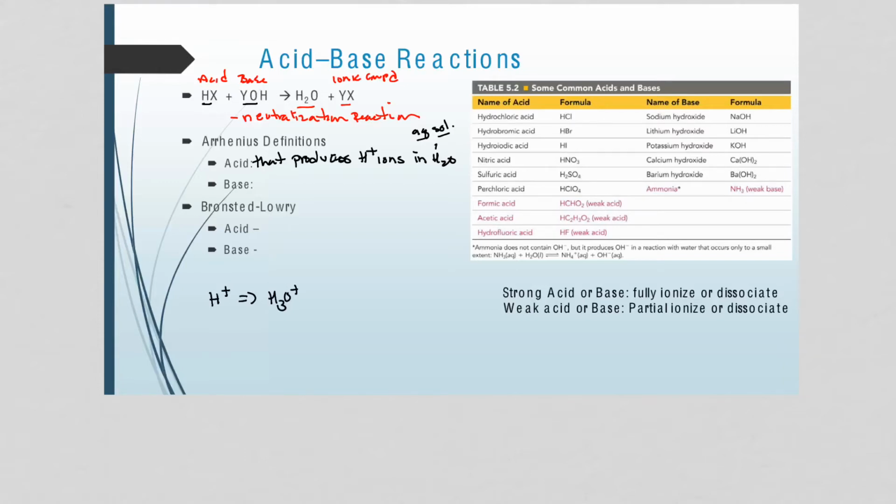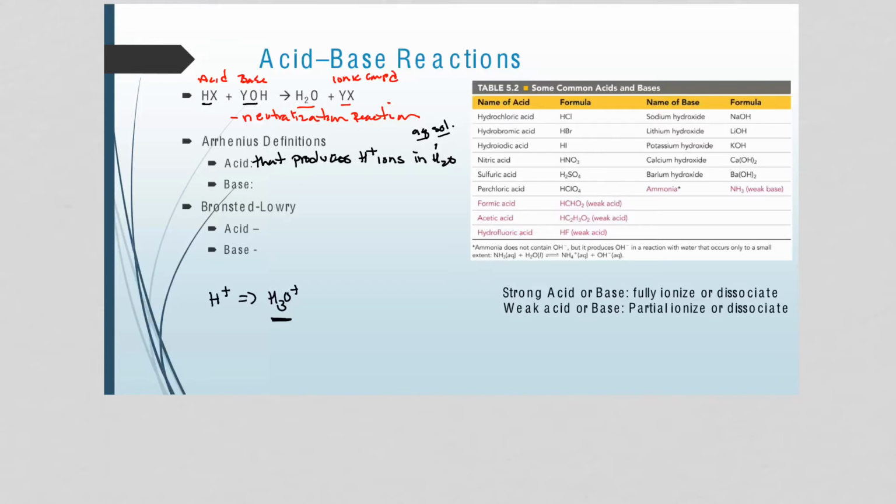And we talked about how when an acid ionizes in solution, it reacts with the water and produces hydronium ions. So when we use the term H plus ions in these definitions, it's a shorthand for this hydronium ion that's formed when an acid ionizes in water or reacts with that water.